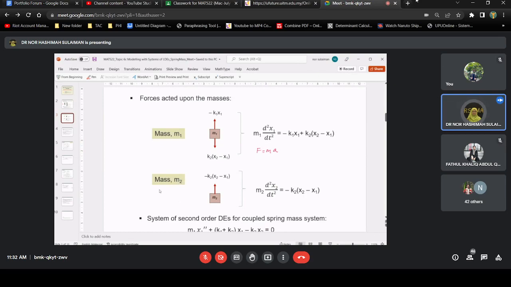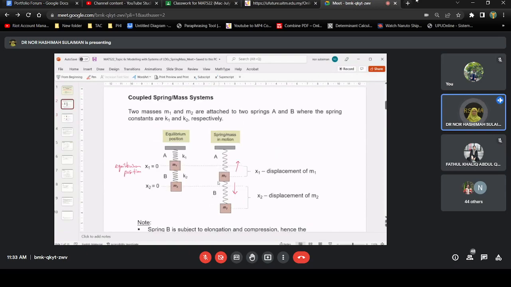Okay, now if you look at the second mass M2, it has one acting upwards, meaning it only takes into account one spring constant. Okay, do you see this is the spring constant due to K2 only, right? This one has two acting on M1, K1 and K2.